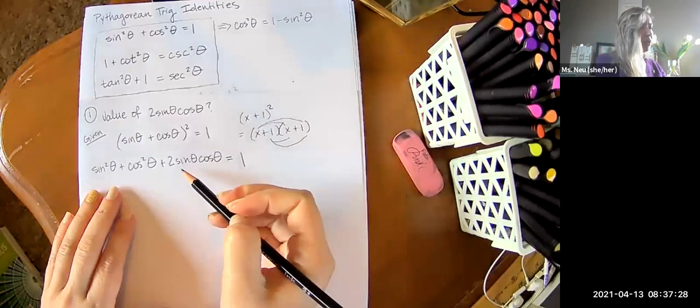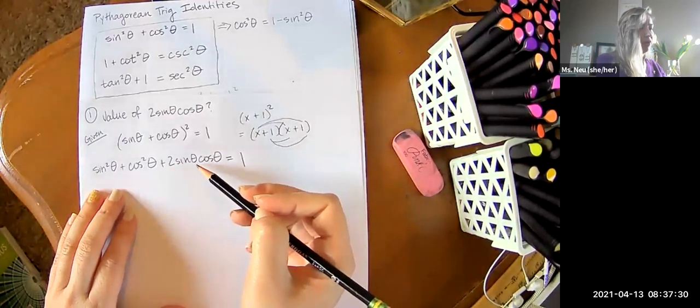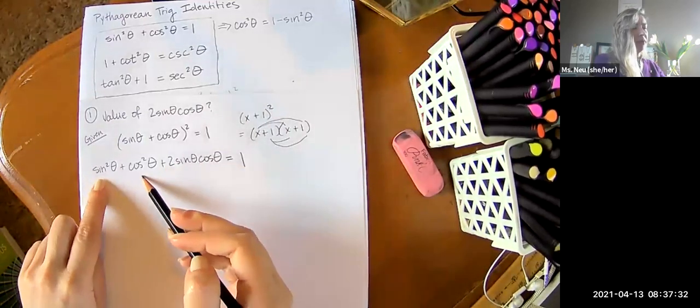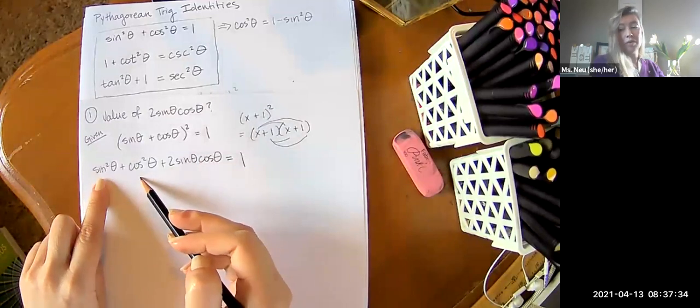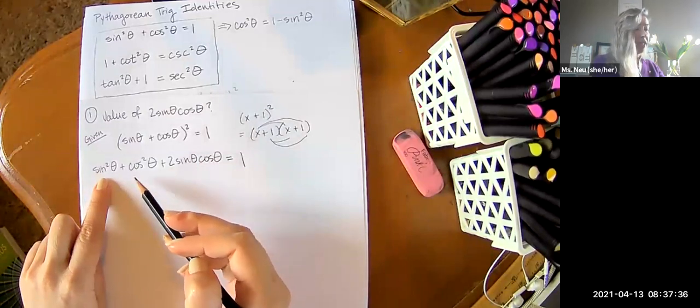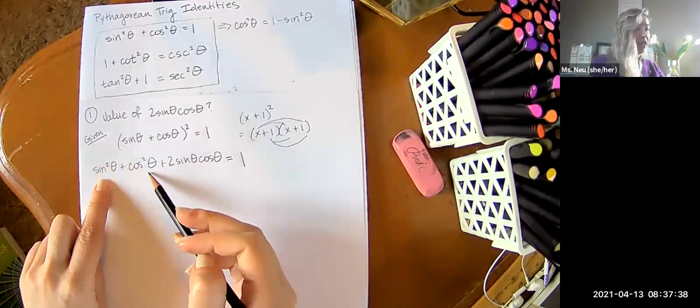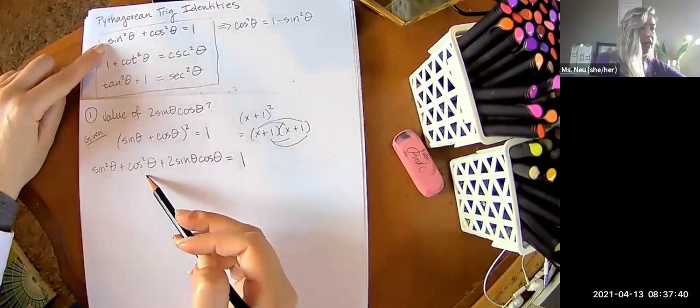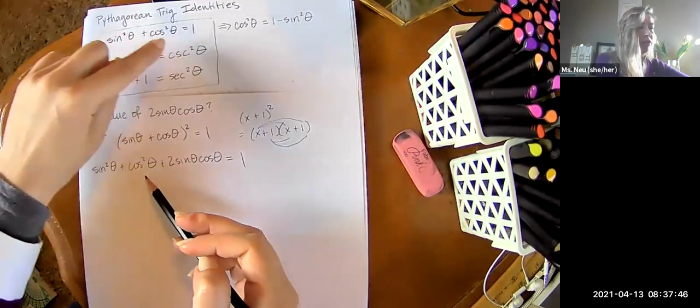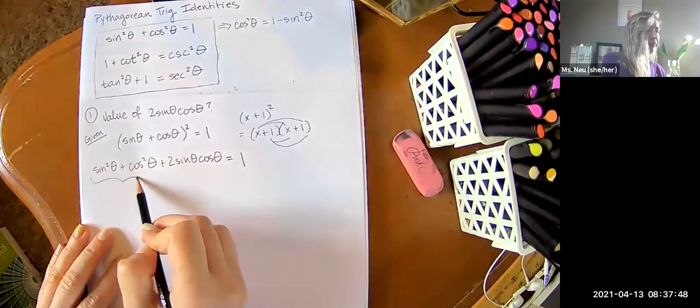Okay, so it doesn't really matter what order you wrote all of this stuff in. I just decided to put the sine squared theta and the cosine squared theta up front together, because boom, I have my first Pythagorean trig identity that I'm going to use. So sine squared theta plus cosine squared theta equals 1.